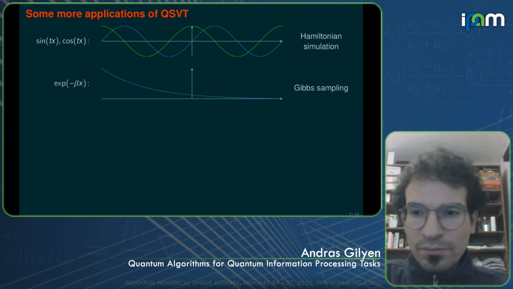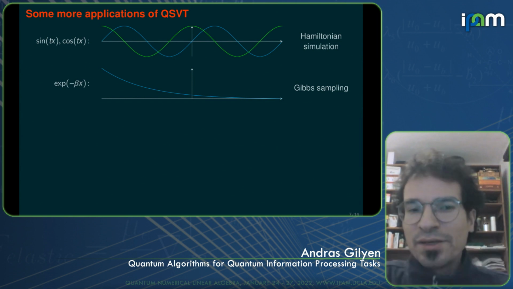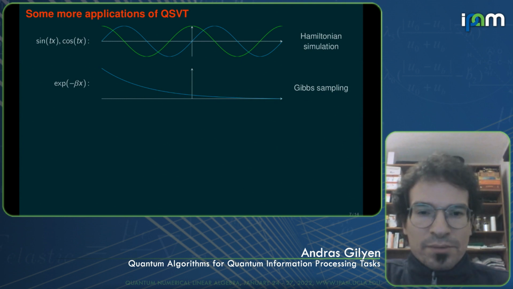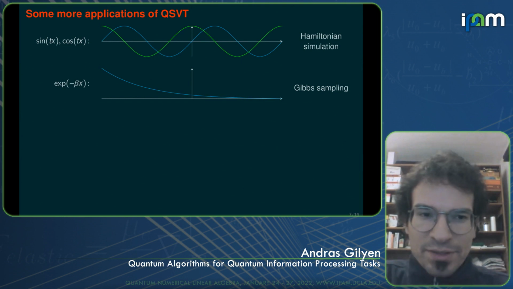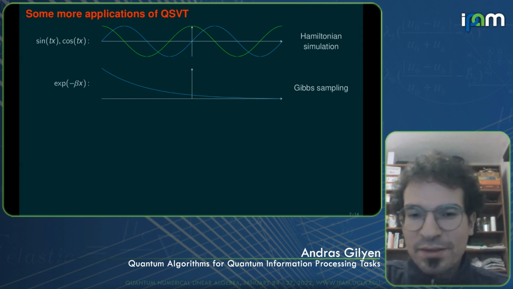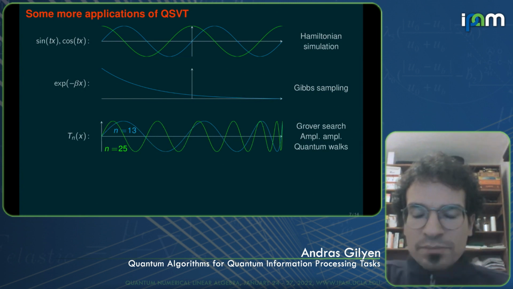Or instead of real-time evolution, you can apply the same trick to imaginary time evolution, which then basically gives efficient algorithms for sampling. And then again, the function is that you replace e to the itx by e to the minus beta x. That is the function you approximate by polynomials.